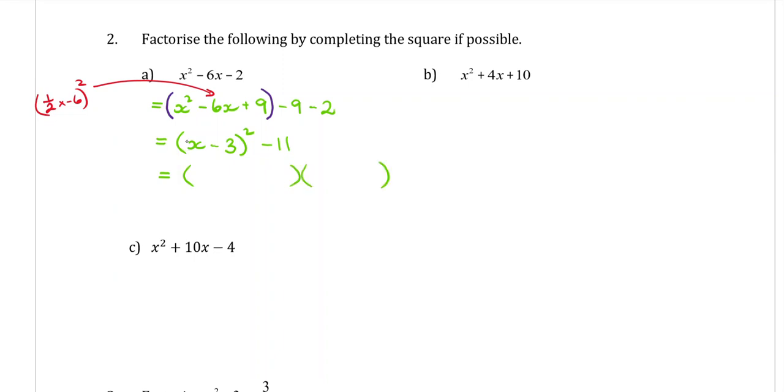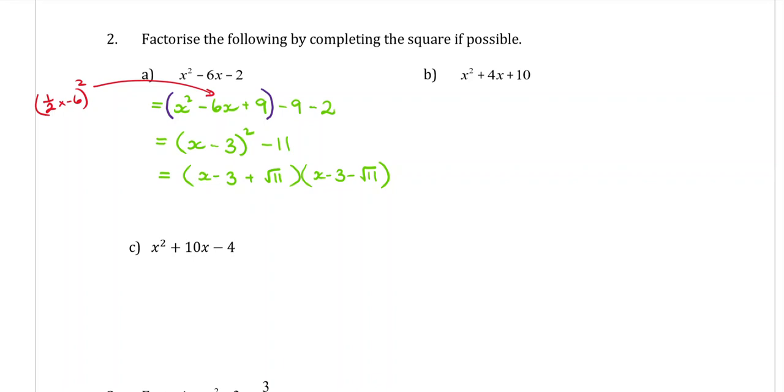The square root of x minus 3 squared is going to be x minus 3 at the beginning of each bracket. And then the square root of 11 is unfortunately square root of 11, not very nice. And we're going to have 1 plus and 1 minus in between. That's the difference of 2 squares. And so that is a completely factorized version of that starting expression.